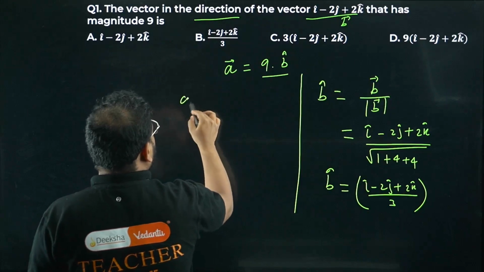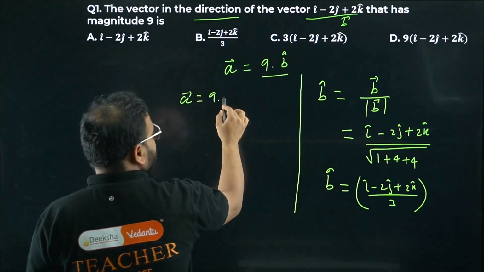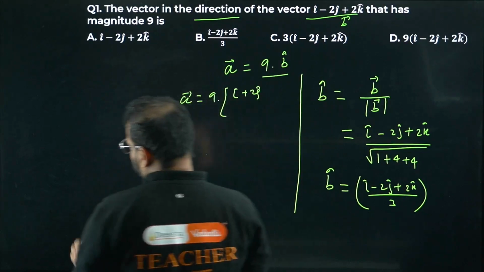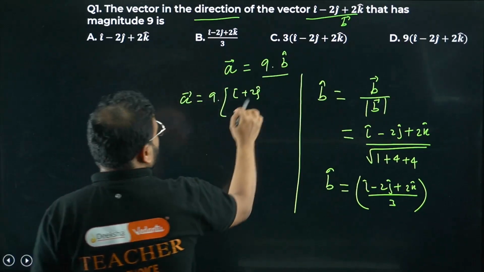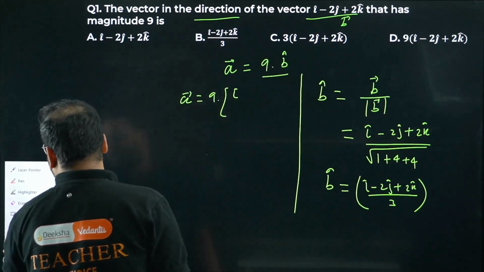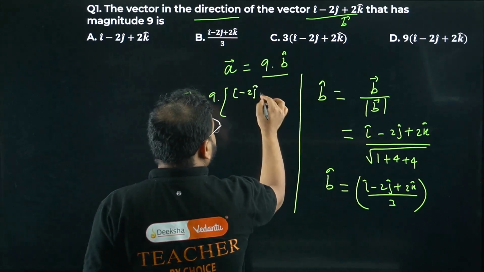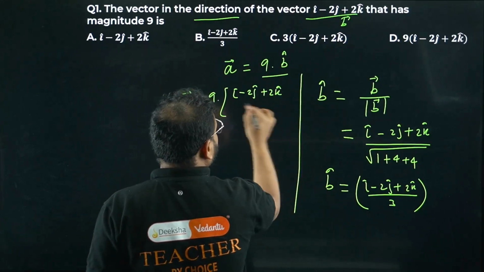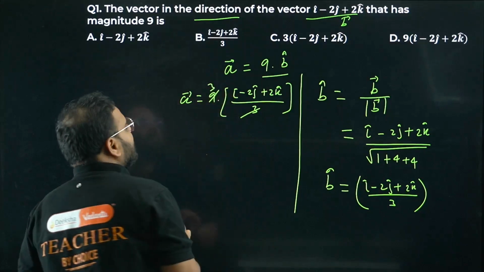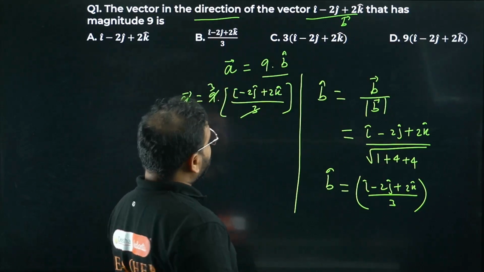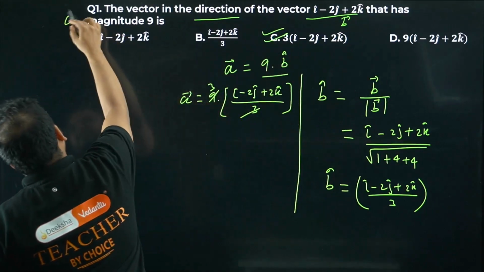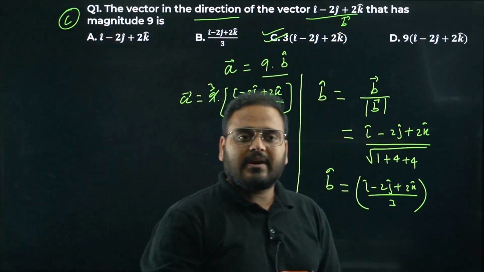So vector A is 9 times this B cap, which is 9 times i minus 2j plus 2k cap divided by 3. The 3 cancels and my answer is 3 times i cap minus 2j cap plus 2k cap. So option C is correct. Done. Let's move on now.